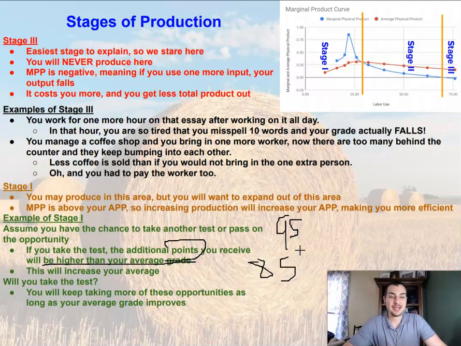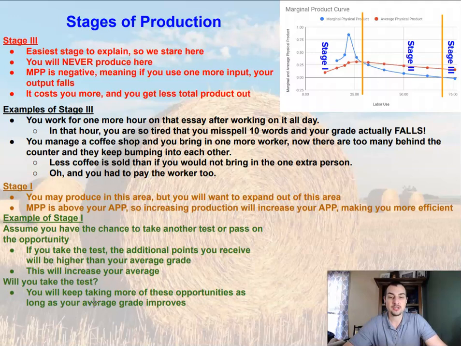By taking that test, it's actually going to bring up your average, because as the 95 gets factored into that same equation, it's going to bring up your average. So by agreeing to increase the number of tests that you take, as long as the test scores are higher than your average score, which is what it's saying right here, as long as marginal physical product is above that average, you should keep taking those tests because it's going to increase your overall average.